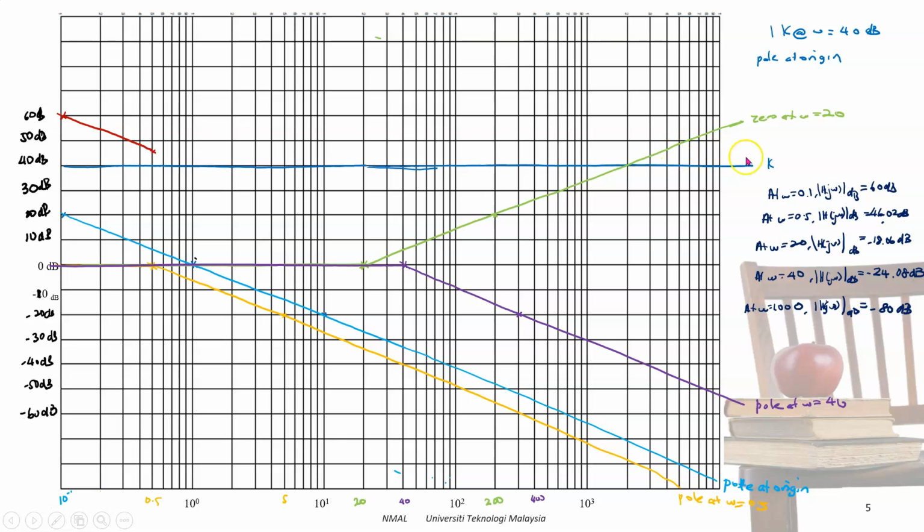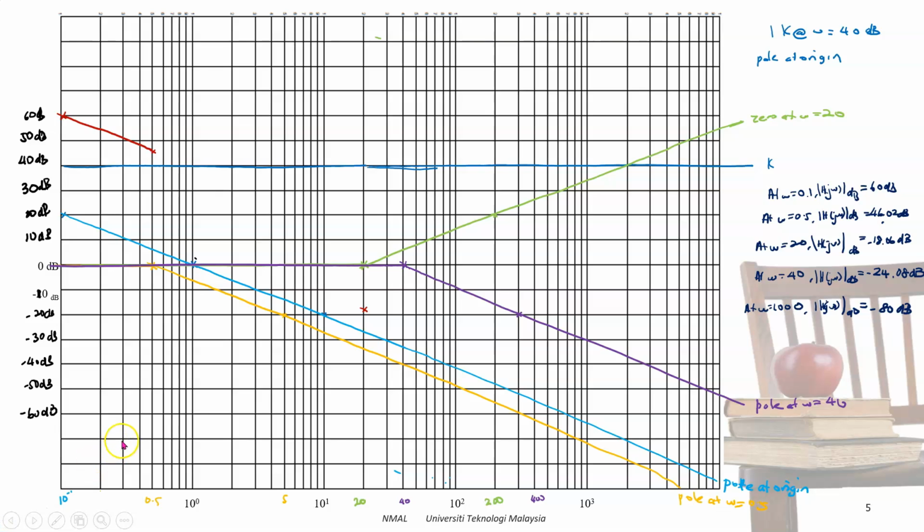And now at omega 0.5 we have already plotted, and at omega equal to 20 you have to plot at negative 18.06. So at omega equal to 20 is here, negative 20 dB is here, so you estimate it is slightly before negative 20 dB, so it should be here. So this is the plot.